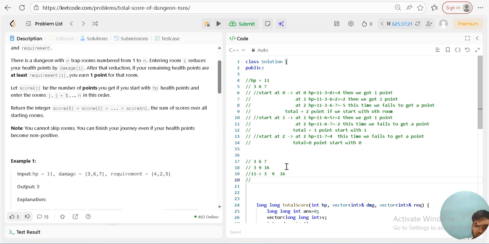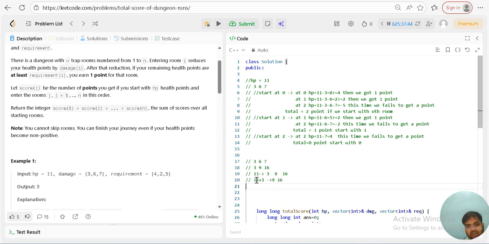I have made this array a prefix sum; I have updated this array with the prefix sum array. So at this moment, to get a fresh 11 here, we have to add some points, that is 11 plus 3. So we have to track 9 and 16.